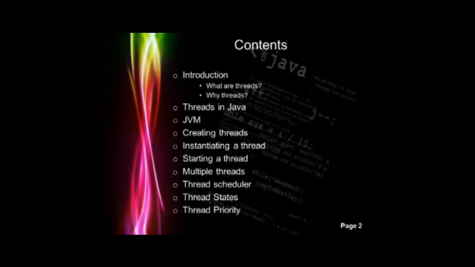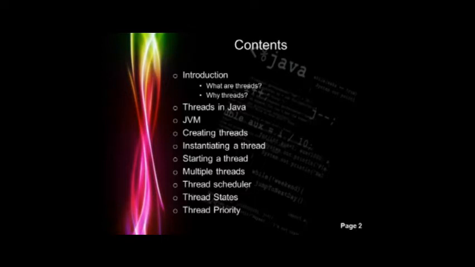After that, we'll go into a little bit of detail on each topic under threads in Java, starting with how to create threads, instantiating a thread, starting a thread, and multiple threads.